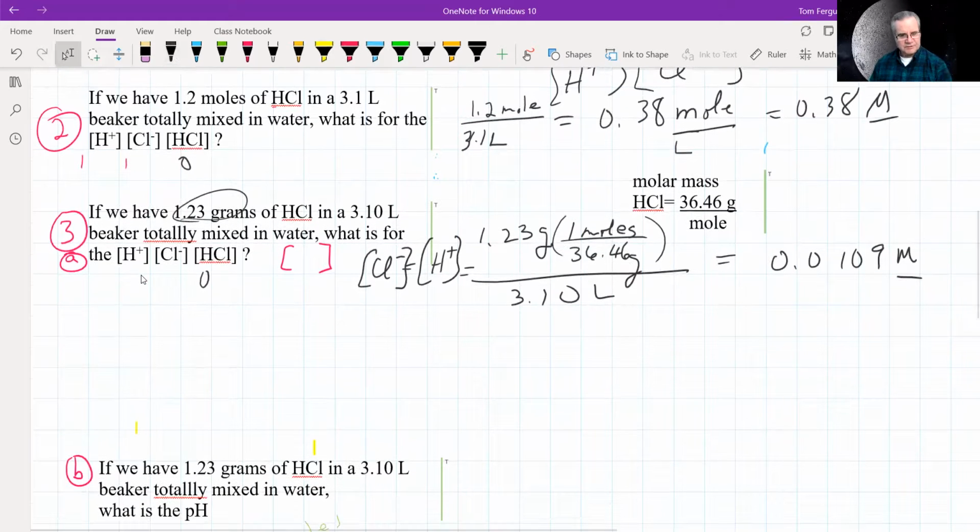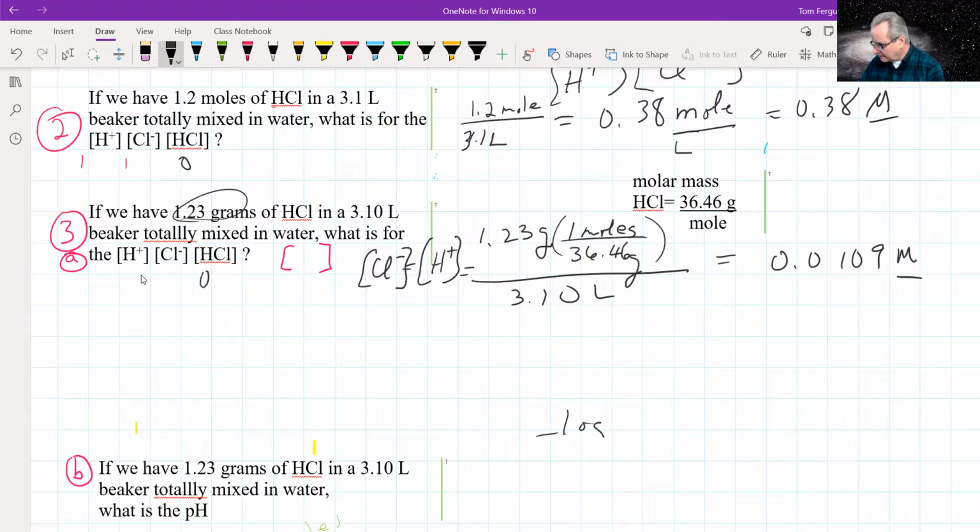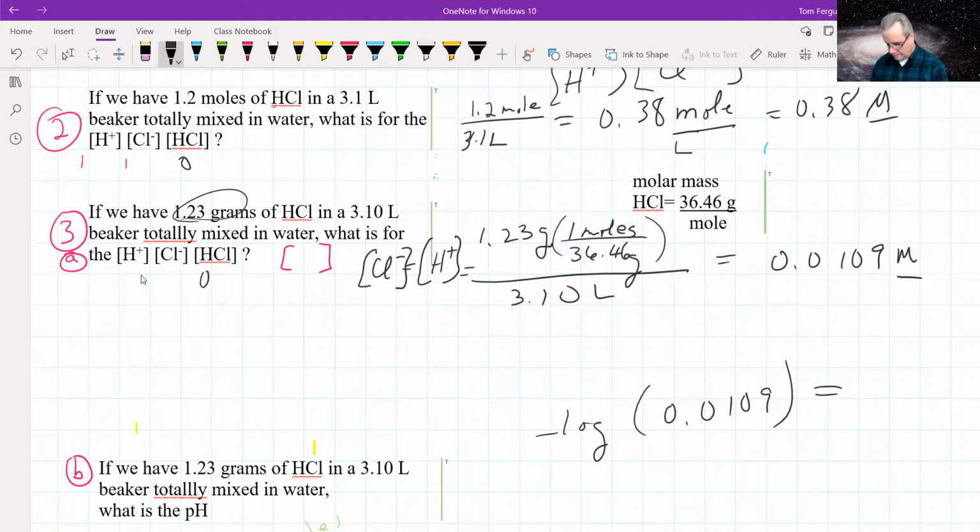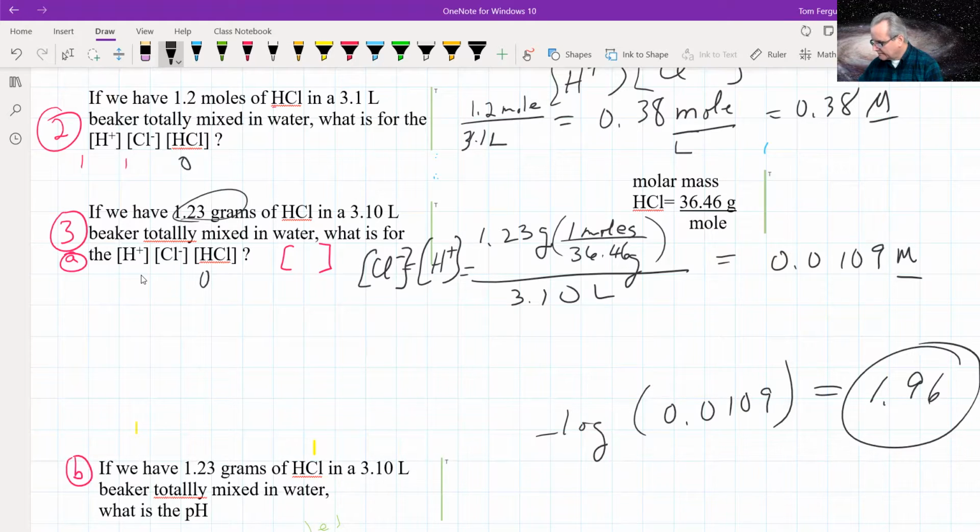Now, what is the pH of that situation? That means we're going to take the negative log of that, so that's 1.96. So this is the pH. If I asked you what is the pOH, remember pOH and pH are related through 14.